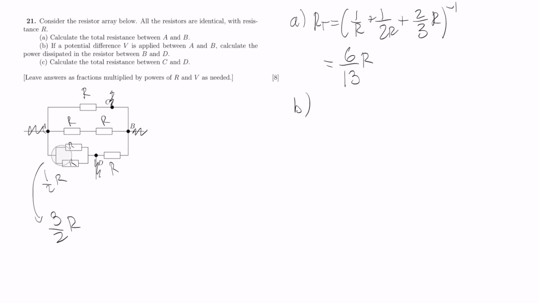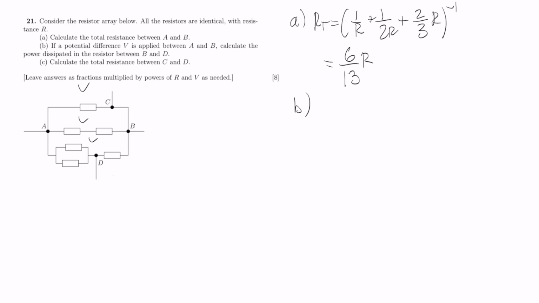Okay, so a good way to, let's get rid of the other stuff so we can just focus on the diagram. A good way to think about this is that there's 3 branches and they're in parallel and they're all going to have the same potential difference. So the potential difference is going to be V across here, it's going to be V across here, and it will also be V across there.